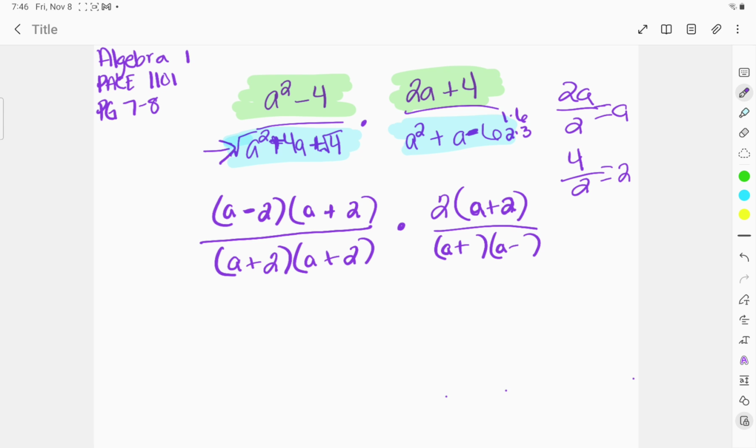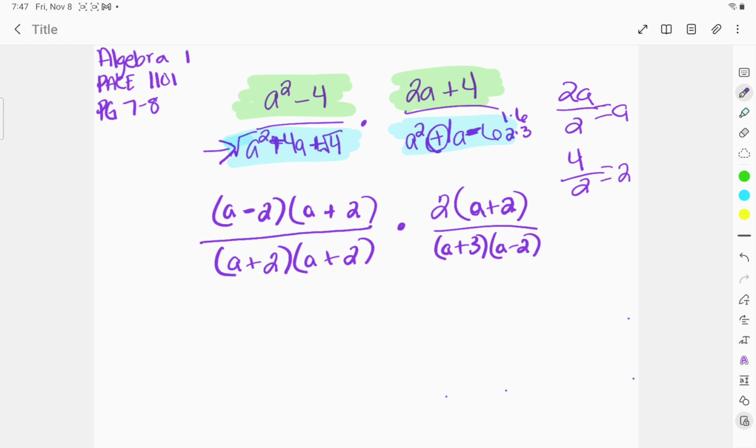And then I'm going to take that 6 and say which numbers when subtracted, because that second sign is negative, give me 1. So obviously it's going to be 3 minus 2, and then I have to decide which one is going to be the positive and which one is going to be the negative. And since that sign is positive, I want my bigger number to be the positive.